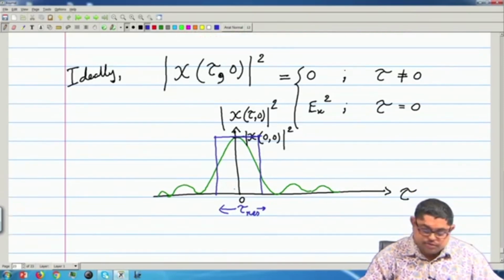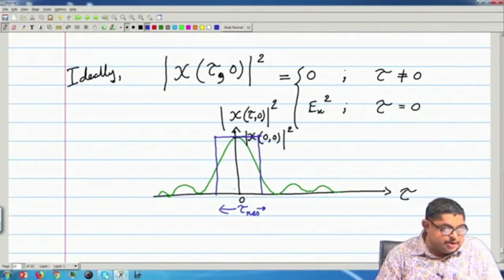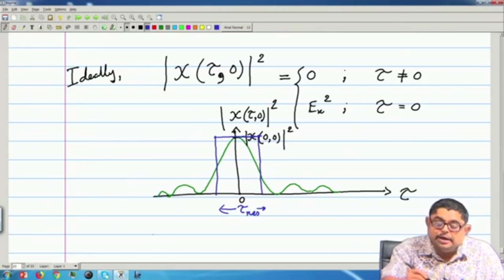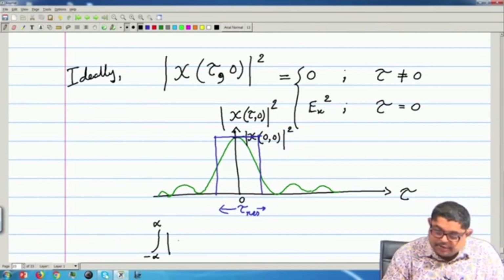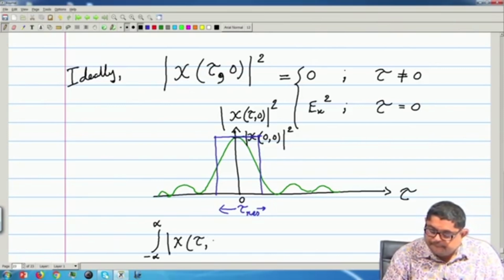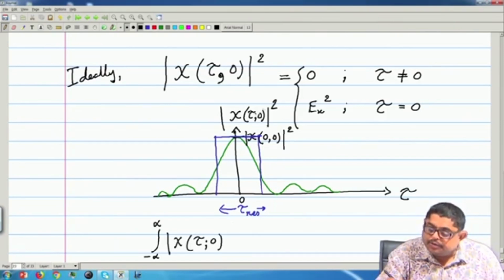Okay. So, with this now mathematically we can easily relate these two. So, I can write this for the range ambiguity function.